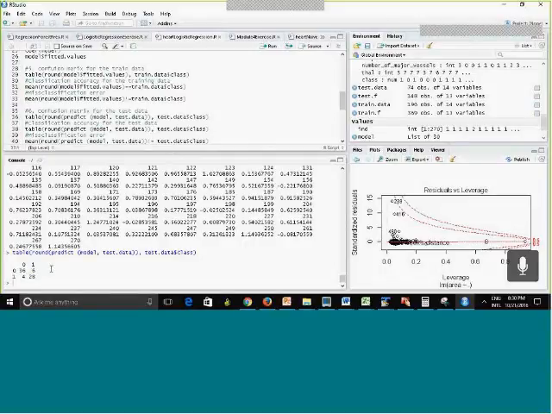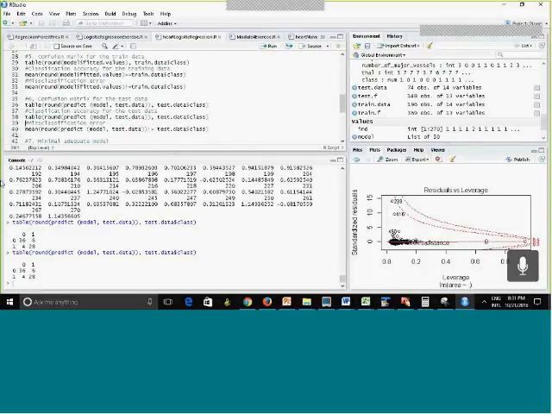If an individual was classified as has heart attack but actually does not, this is going to be the false positive. So we have true positive, where an individual was classified as has heart attack and actually has it, and we have a true negative, when an individual was classified as does not have a heart attack and actually does not, right? So now what we have to do is calculate this.